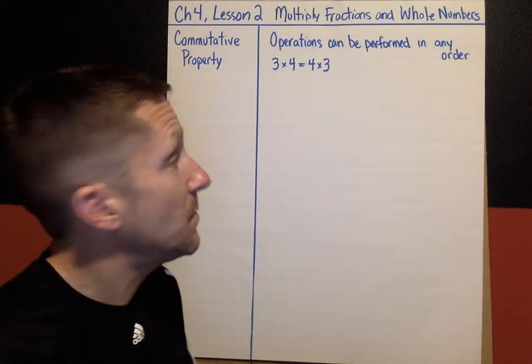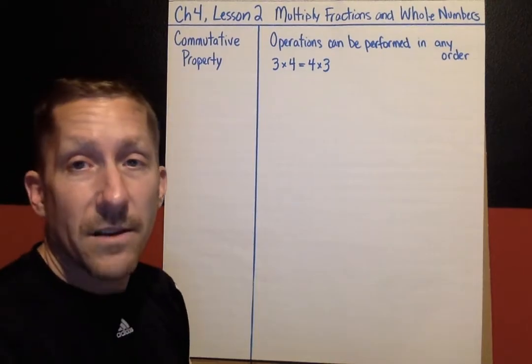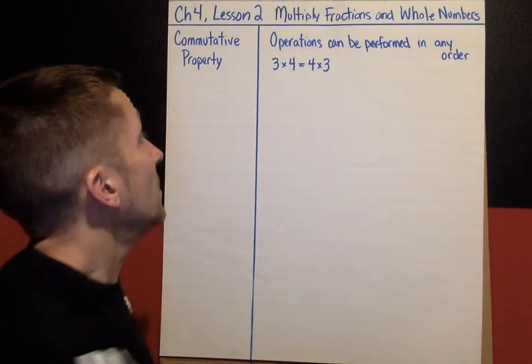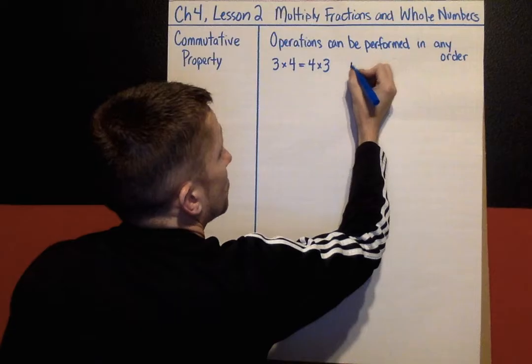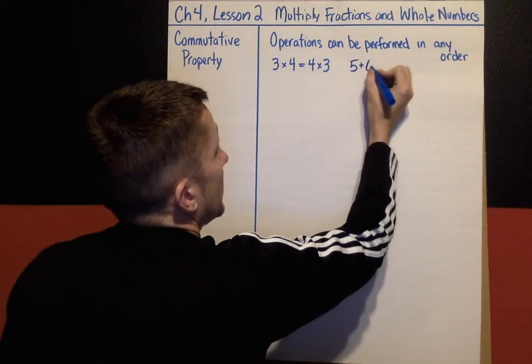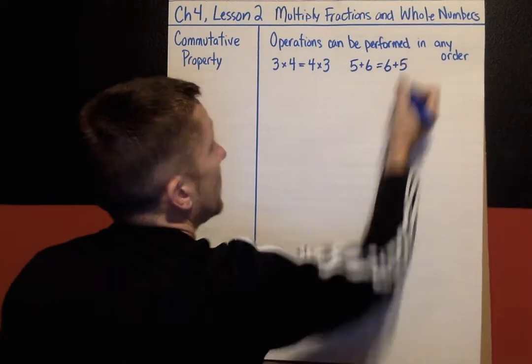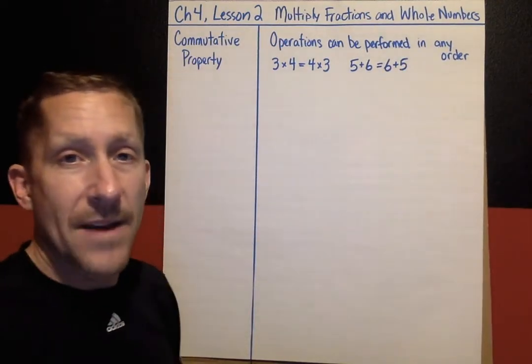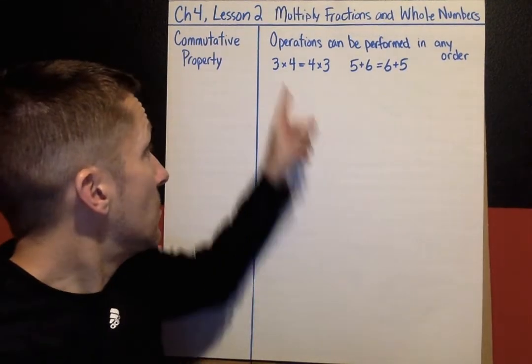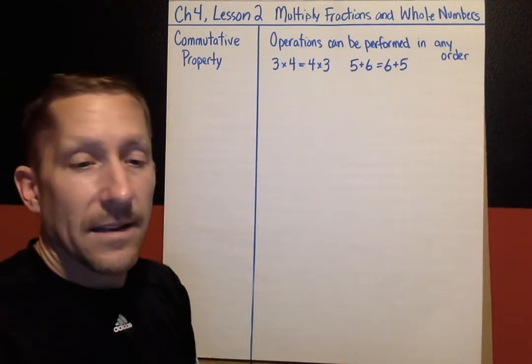Another example would be the commutative property of addition. That would look like this: 5 plus 6 is the same thing as 6 plus 5. The order is not going to matter in multiplying or adding.